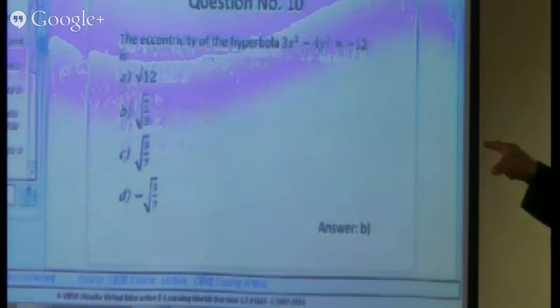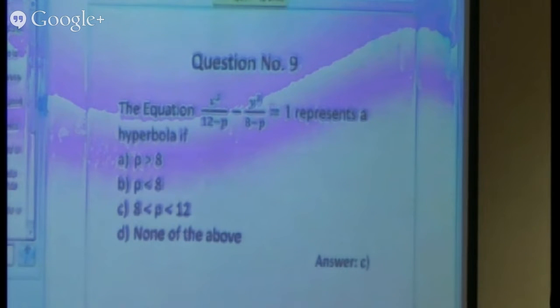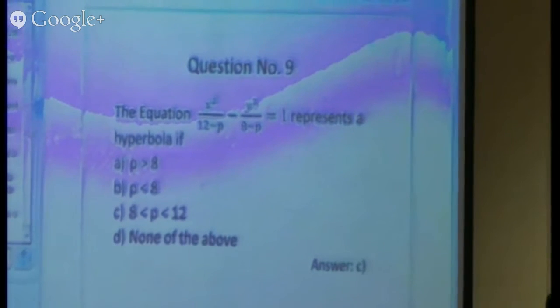We have to check whether the second answer C is right or not. Can we see the question again? Just 12 minus P and 8 minus P. Is this C choice correct? Let's see. Suppose I take a point which lies between 8 and 12.